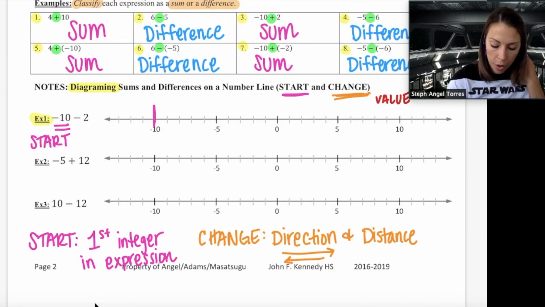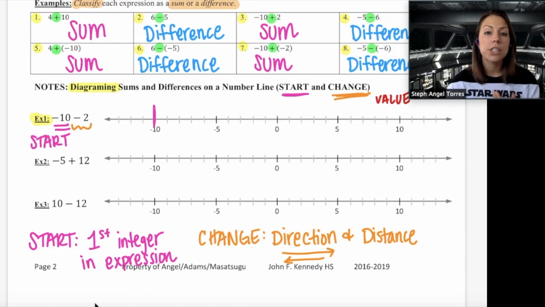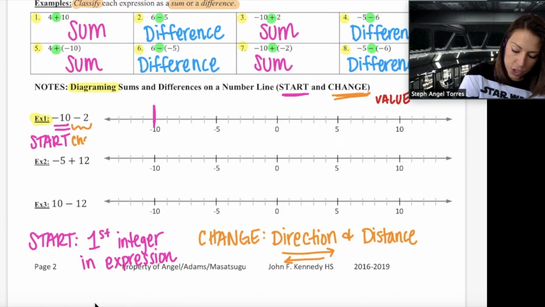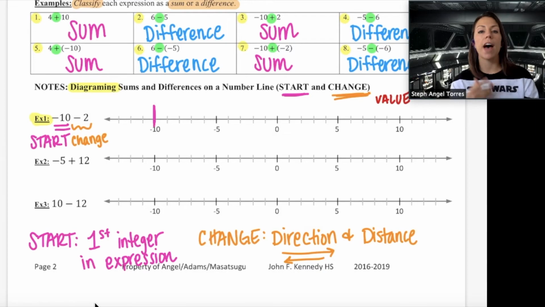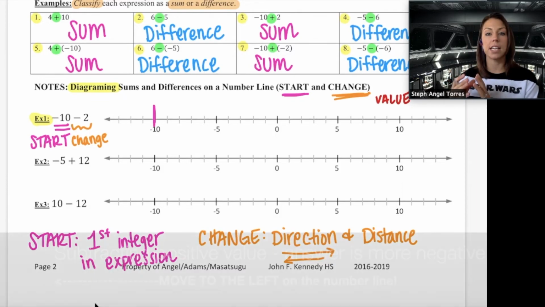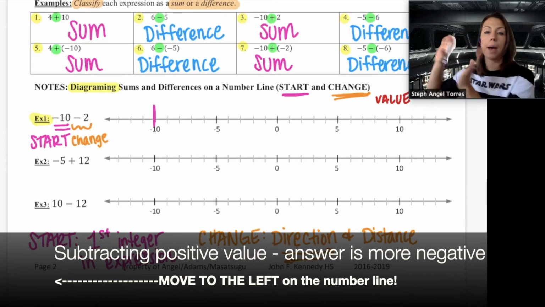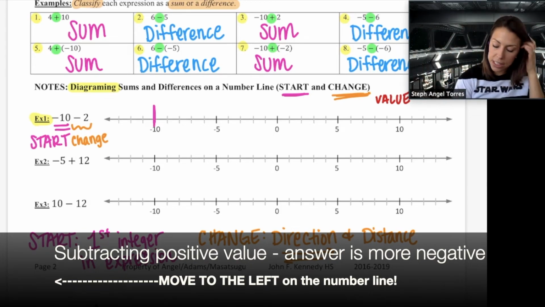So my change here would read minus 2. That gives me information. If I'm minus 2, I'm subtracting positive 2. That means I'm taking away positive value, and to take away positive value means my answer is going to become more negative. So I'm moving to the left 2 in this expression.